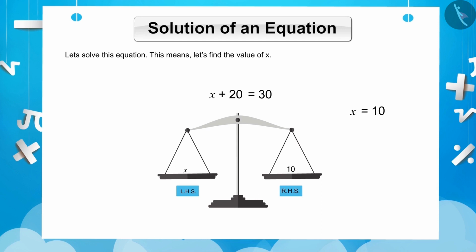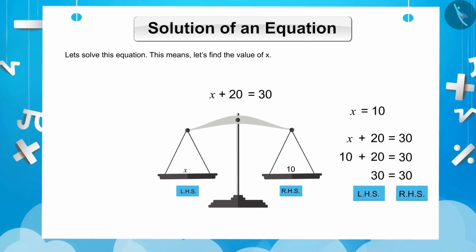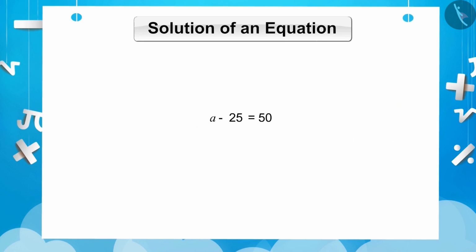To check whether our solution is correct, we will put the value of x in the given LHS. If it is equal to RHS, then our solution x is equal to 10 is correct. Now let's solve another equation. Can you tell us what we have to do to solve this?